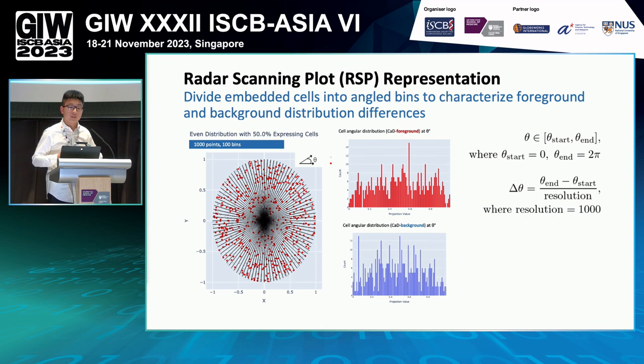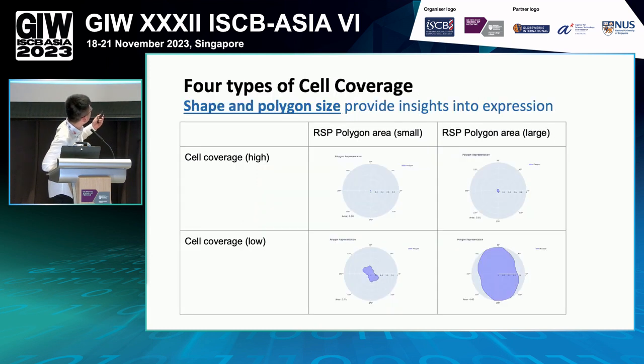However, the method does allow you to change the theta bounds so that you can see different sectors of the actual polar plot. And then the delta, the change in theta, is calculated based on resolution, which is a parameter in the method that determines how many bins there are. We have defaulted it to 1,000, as we have noticed the figure to be very smooth.